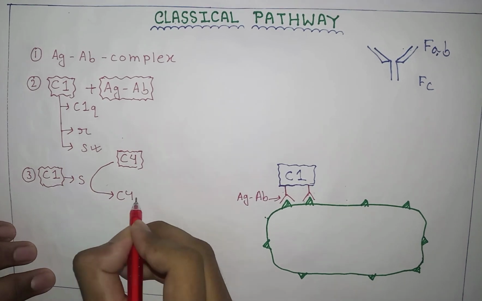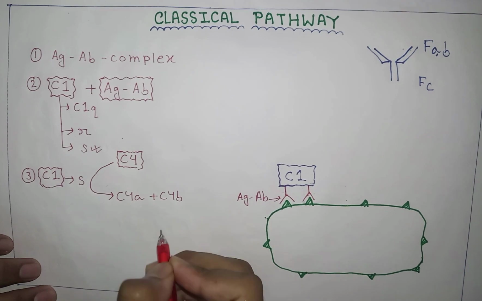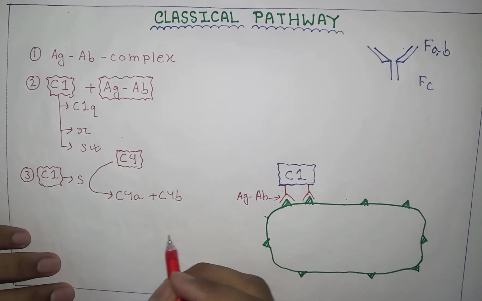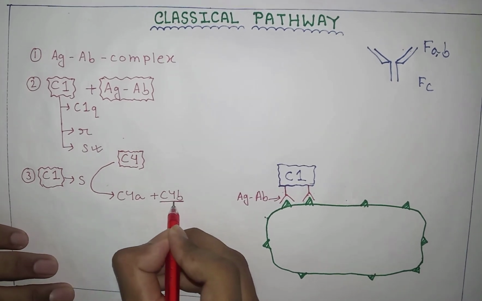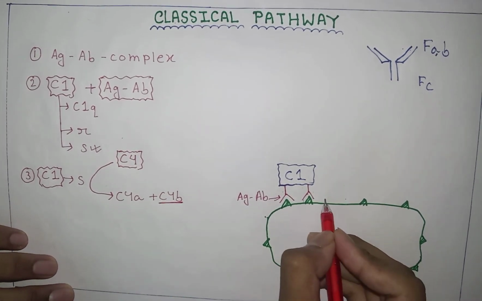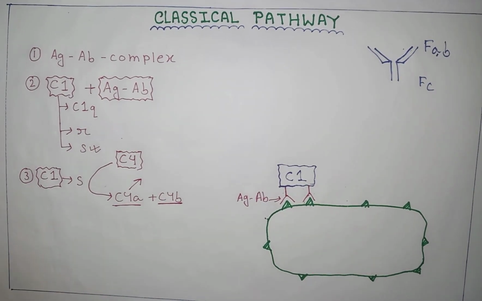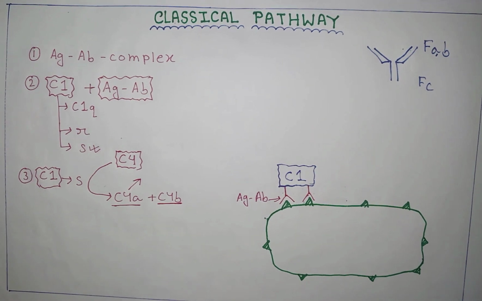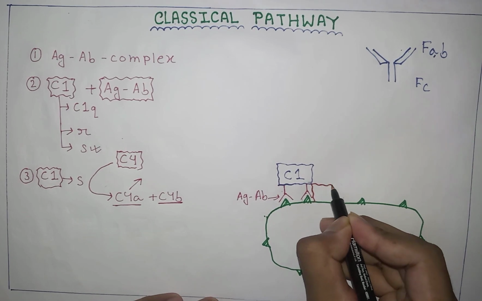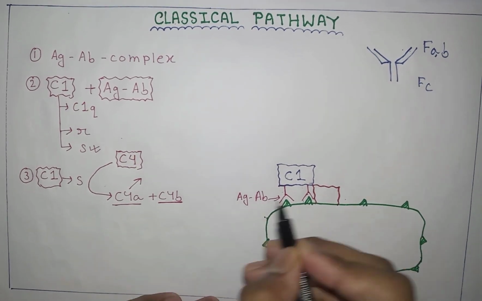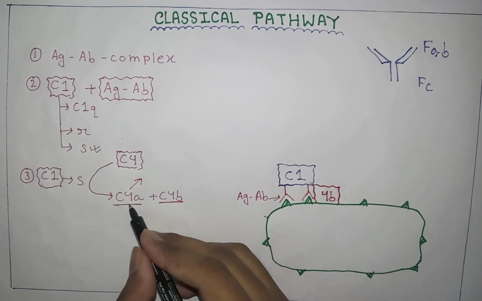Here C4A and C4B will be produced. C4B will attach on the cell surface and C4A will float away. So let's draw the C4B here.